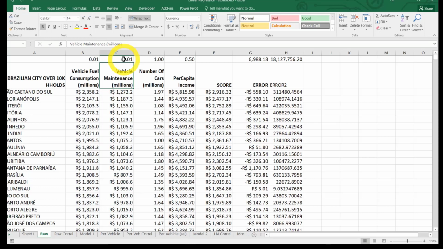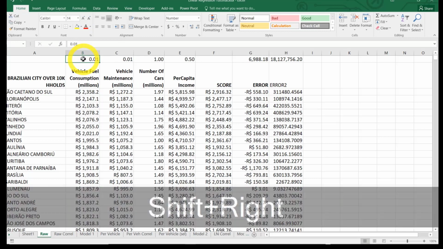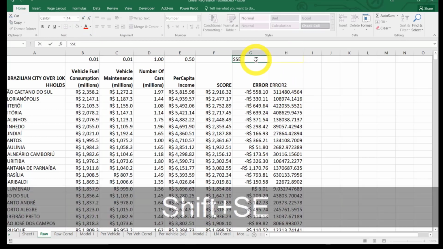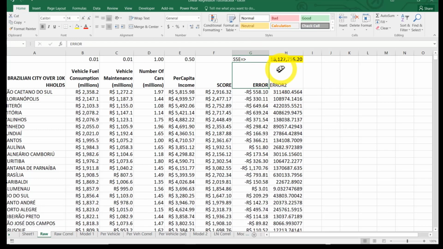So the idea now, and that's the basis for linear regression, is to figure out what should be these weights here so that this particular sum of squared errors is as small as possible. This is what matters the most, the sum of squared errors.